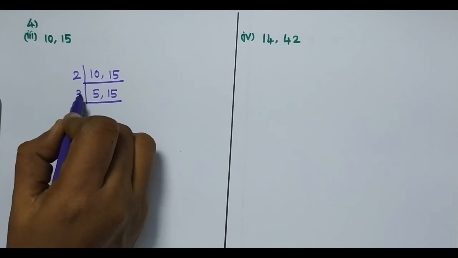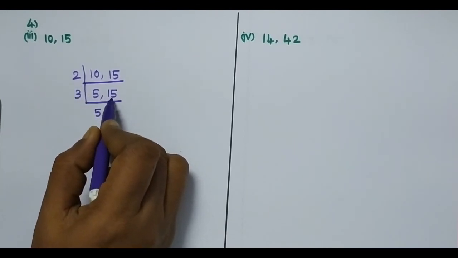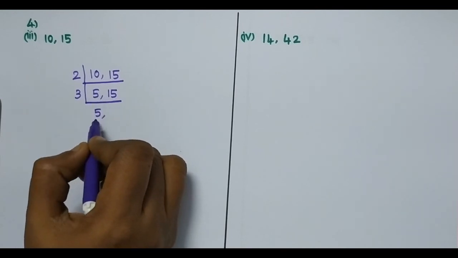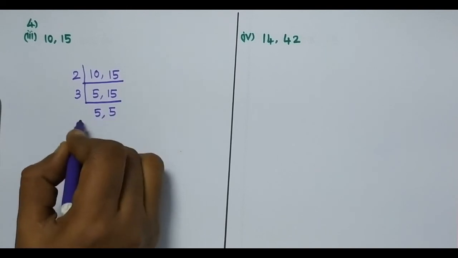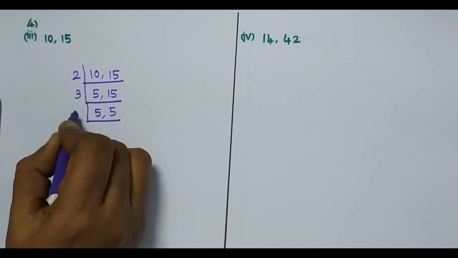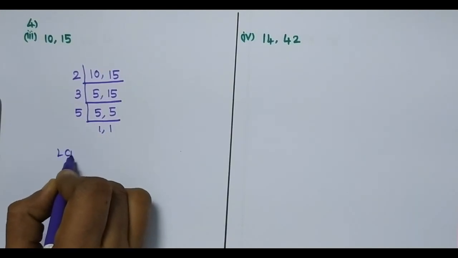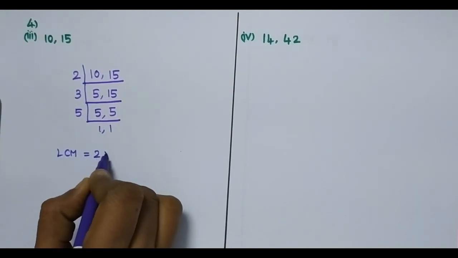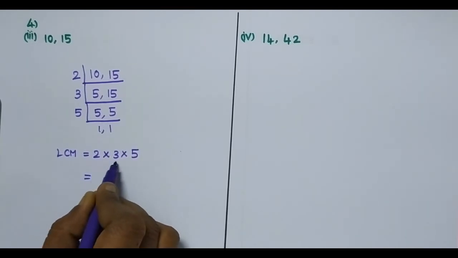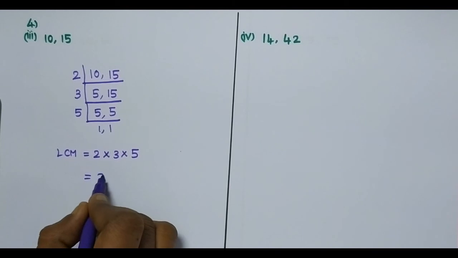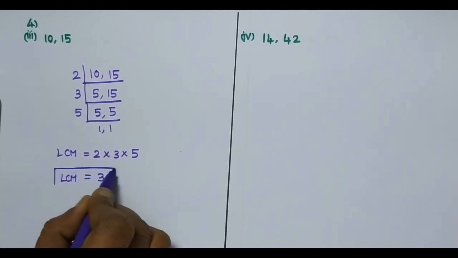And then divided by 3. 5 is not possible, so write down as it is. 15 divided by 3 means we get 5. Now divided by 5, get 1, 1. Now LCM equal to 2 into 3 into 5. 2 3s are 6, 6 5s are 30. Now LCM equal to 30.